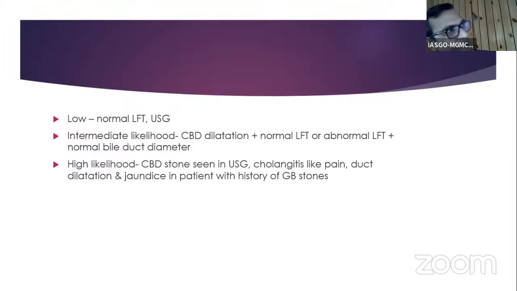Dr. Monika, would you like to add something here? According to the ASGE guidelines, the percentage of finding stones in surgery or during the procedure is 80 to 90% in the high category. In the moderate or intermediate category, it's approximately 60%, and in low, it's very less.